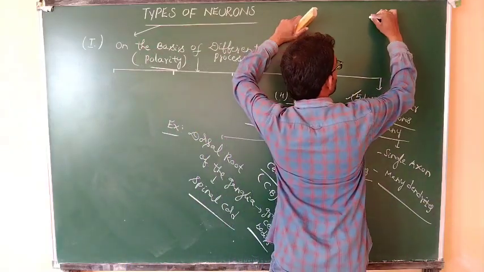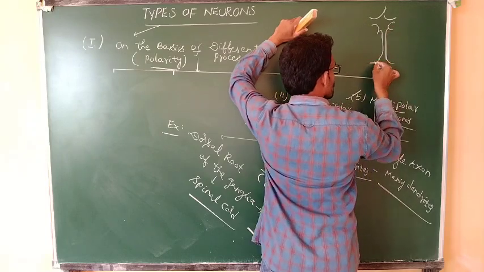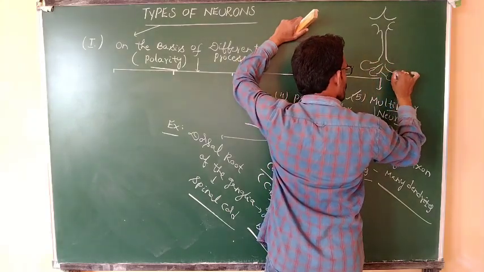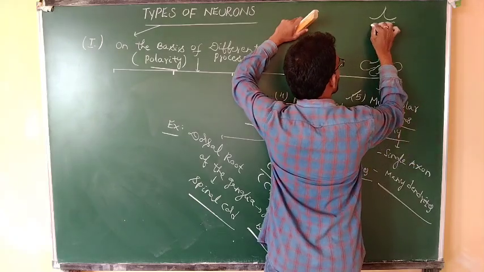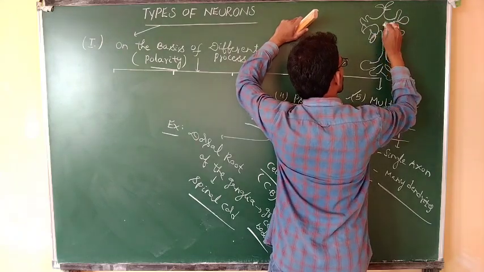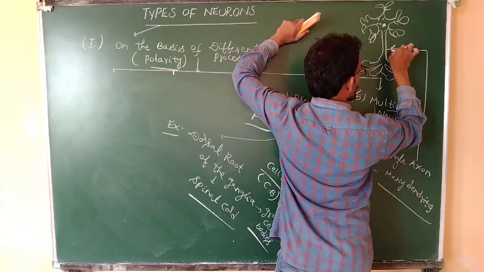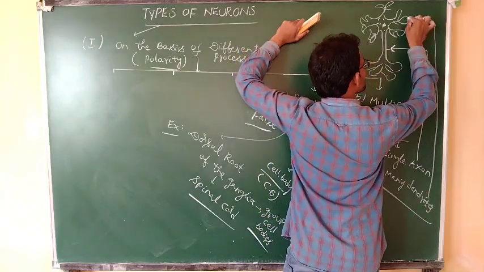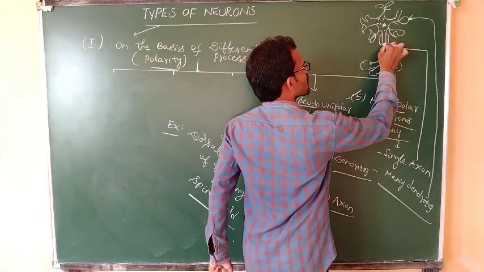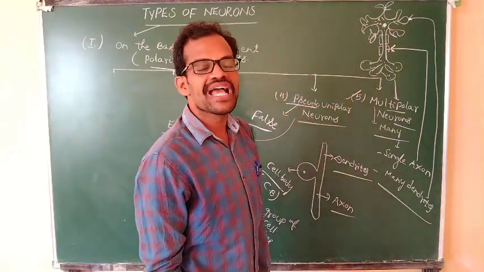It is a single axon and many dendrites. A single axon, many dendrites is known as a multipolar neuron.